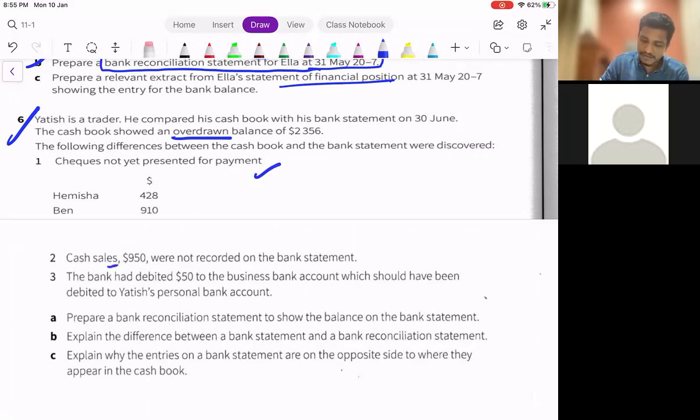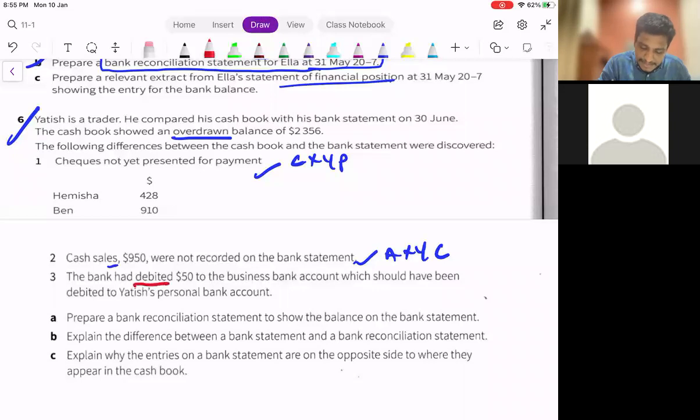Cash sales not recorded is actually amount not yet credited. Amount not yet credited. This is a cheque not yet presented. And then the third one is the bank had debited 50 to the business bank account, which should have been debited in Yatish's personal bank account, similar to the previous question just now.